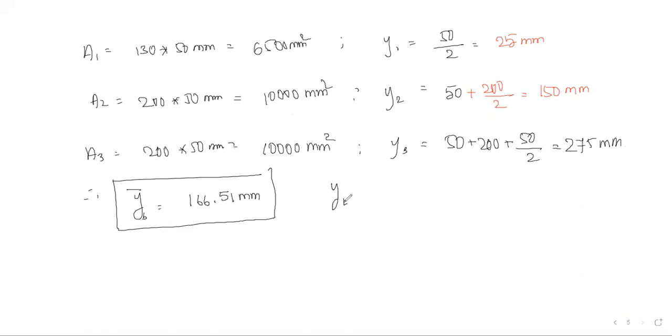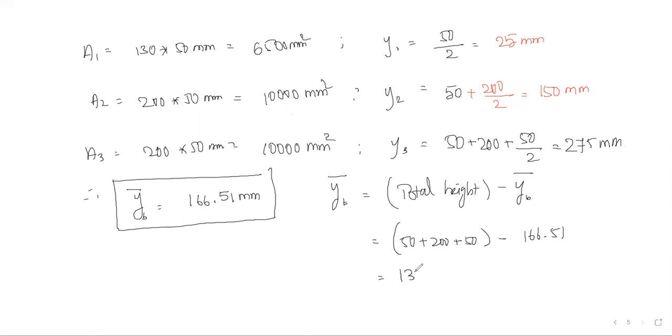Therefore, y top is equal to total height minus this yb. So total height minus yb bar. So total height is 50 plus 200 plus 50, so 300 mm minus 166.51. So 133.49 mm is the y top value.